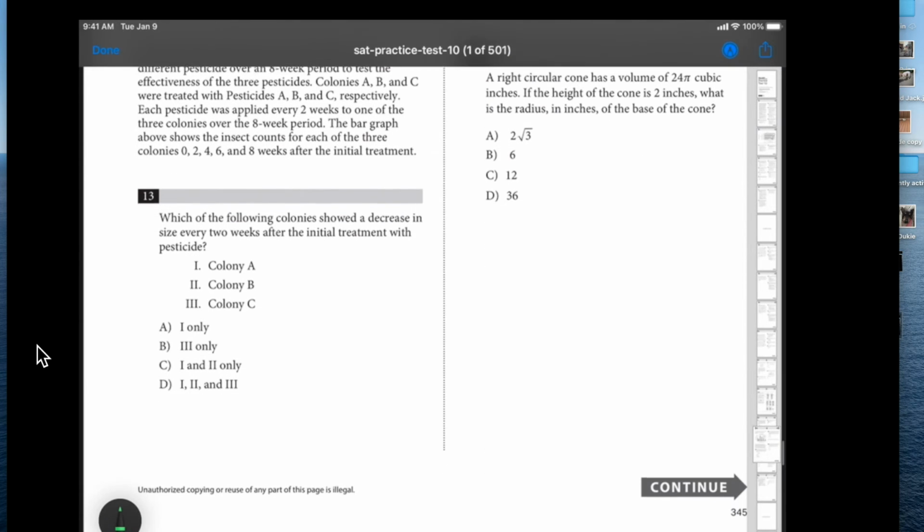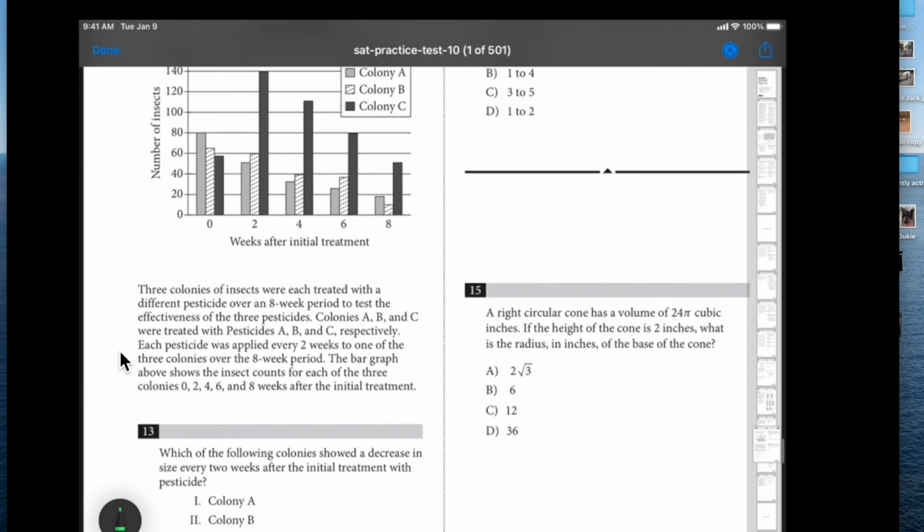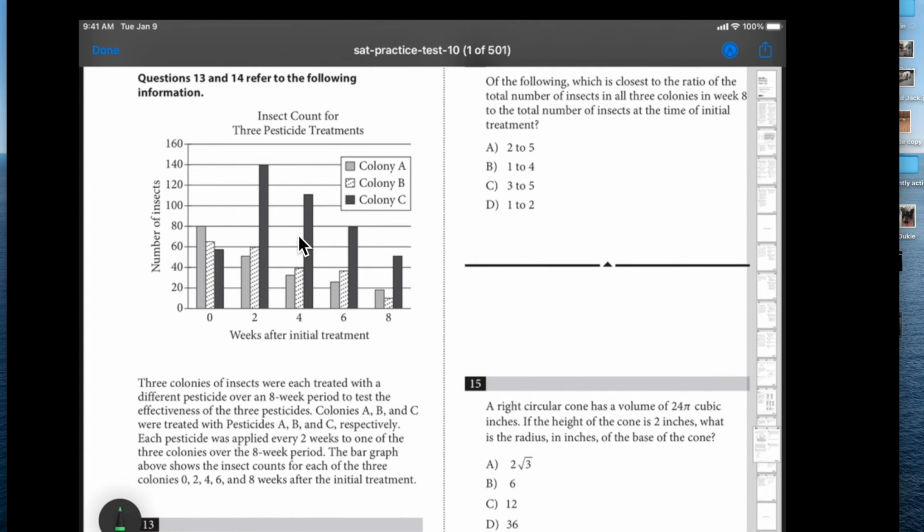First question. Which of the following colonies showed a decrease in size every 2 weeks after the initial treatment? So let's look at colony A. Starts out at 80 and goes down consistently. Colony B is in the middle with the dots. Down, down, down, down.